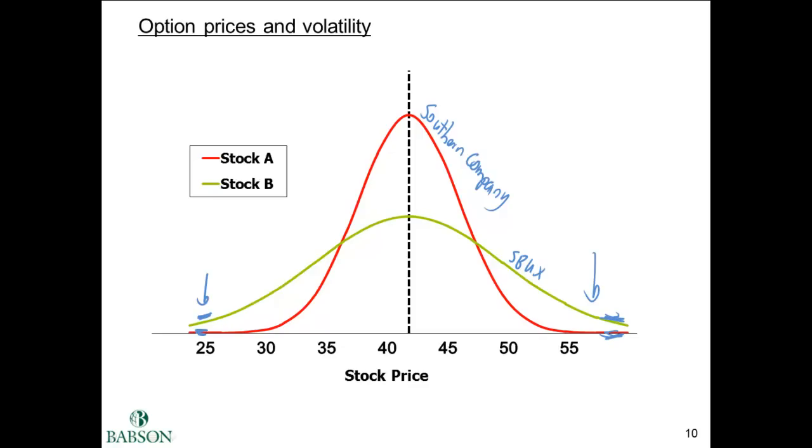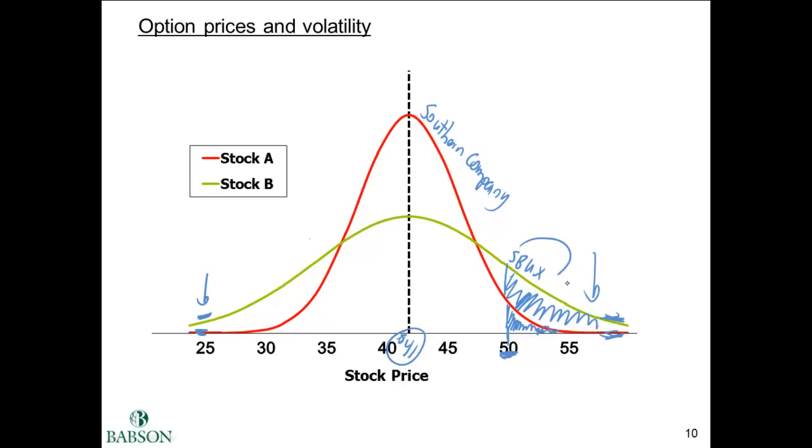So let me ask you a question. Let's say they were both trading at around 41 bucks, and you wanted to buy call options on each of them for $50. What's going to be more expensive? The call option on Starbucks or the call option on Southern Company? Notice, there's only a small chance that Southern Company stock is going to end up greater than $50. There's a much greater probability that Starbucks is going to end up greater than $50.